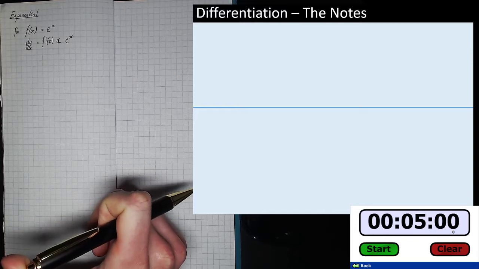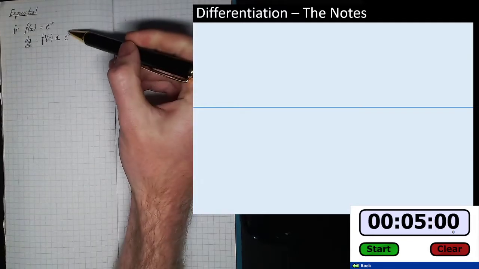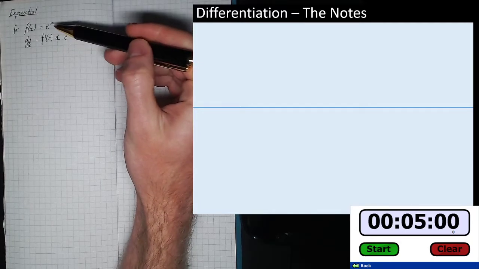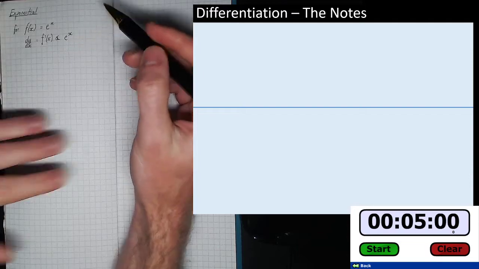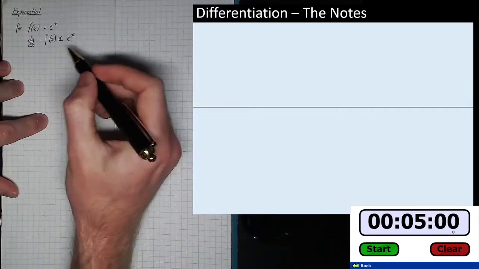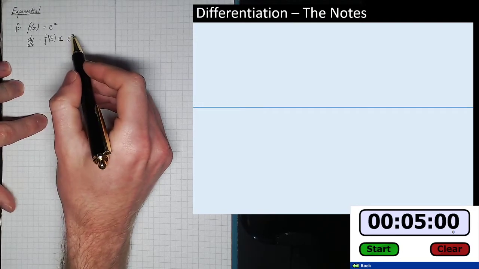Now, the power that we have will determine what kind of proportionality we have, whether we have just a straight equality, or whether we have something like a number times e to the power of x.